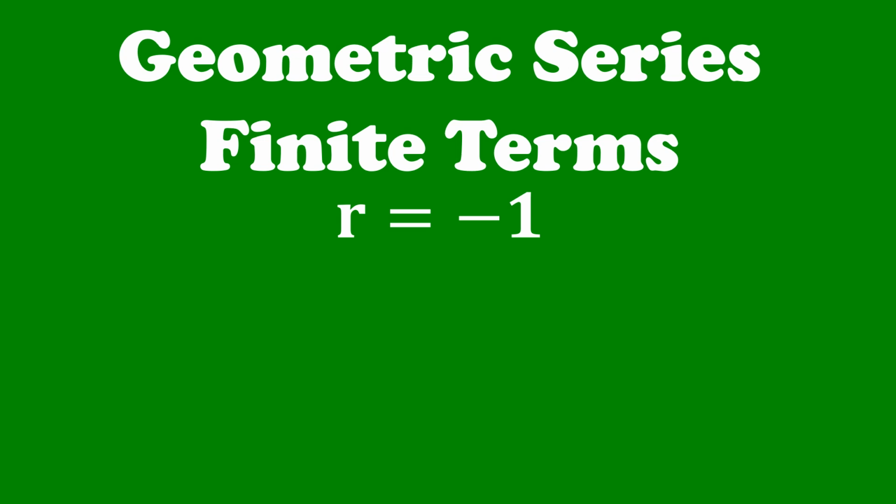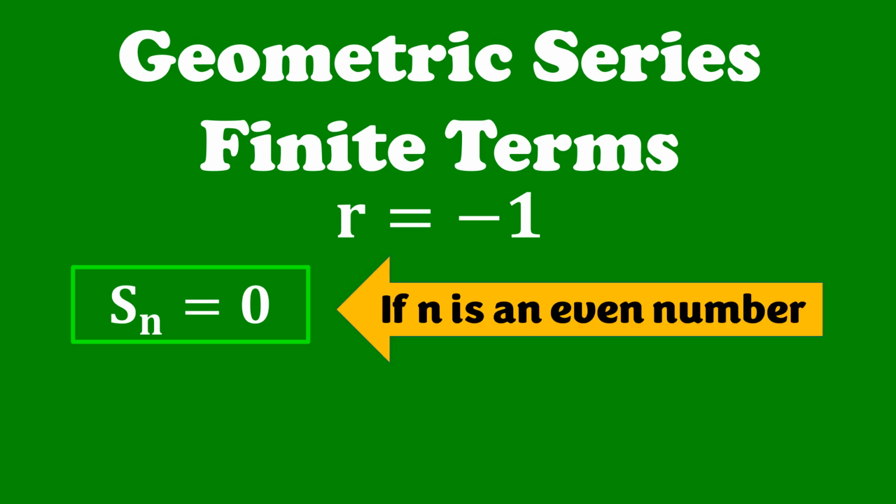Let us discuss now geometric series for finite terms wherein the common ratio is -1, or the value of r is -1. So the formula is S sub n is equal to 0 if n is an even number. If the value of n is an even number, we will just use the formula S sub n is equal to 0.